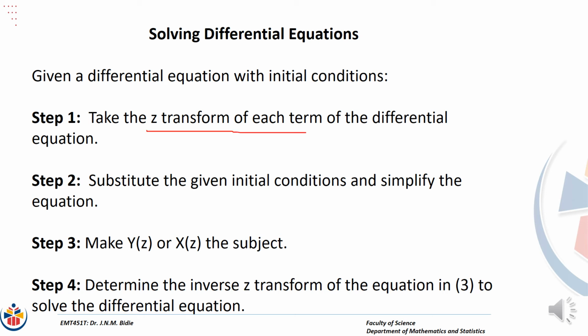Secondly, substitute initial conditions and simplify. Make y of z or x of z, depending on what you have been given, the subject, and then determine the inverse Z transform to solve the equation. Let's do this.